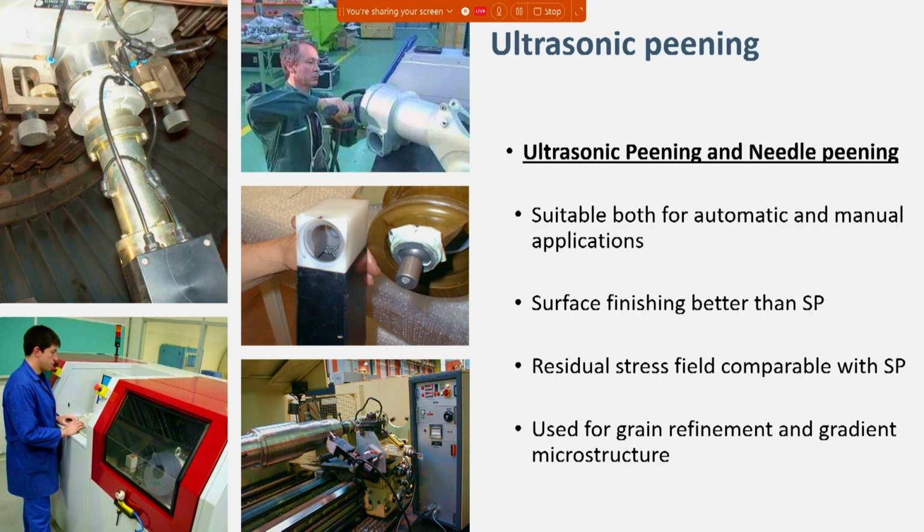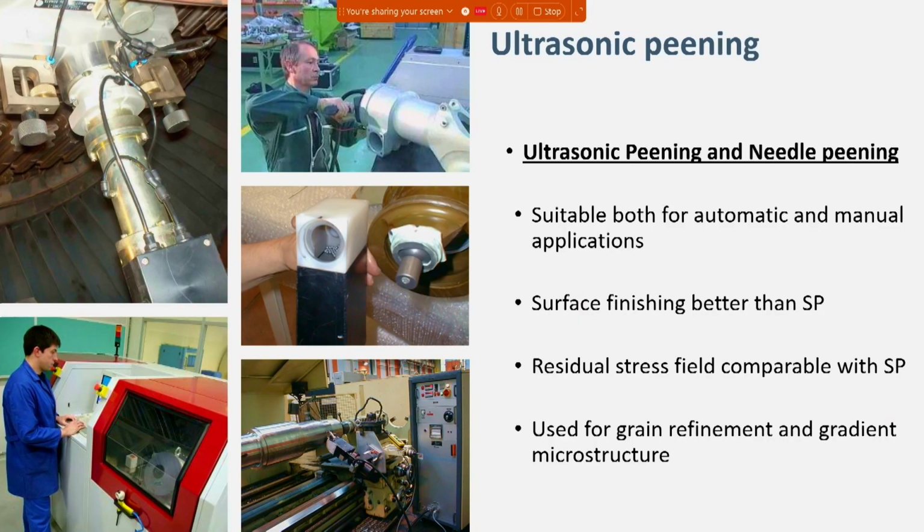Let's see now some images. We can see a chamber and some applications of this treatment. Here you see what we are doing, this way to perform the treatment on site.